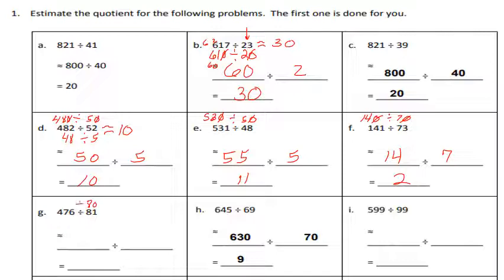On the next one, this is closer to 80 divided by 470. Take off our zeros, and I can see I'm going to have 8, and the closest would be 480. Excuse me, 48. 48 divided by 8 would be 6.